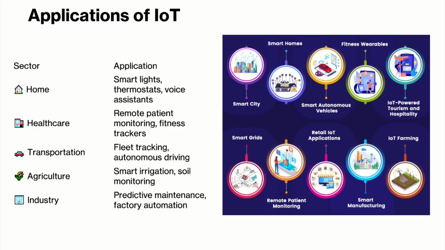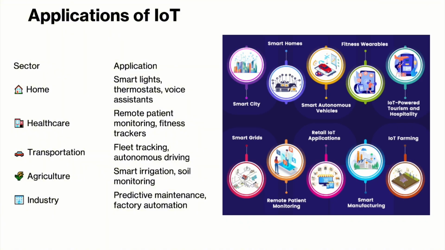In agriculture, farmers use IoT-based irrigation systems that water crops only when soil moisture level drops below a certain level. This saves water and improves crop yield. In healthcare, IoT devices like wearable health monitors and connected glucose meters allow doctors to check patient data remotely and provide early warnings.